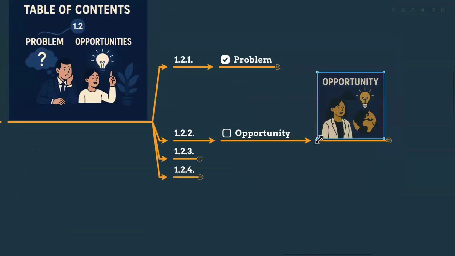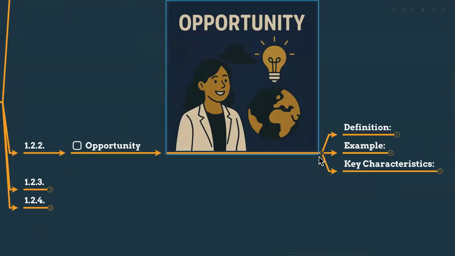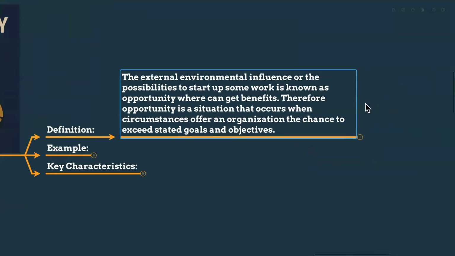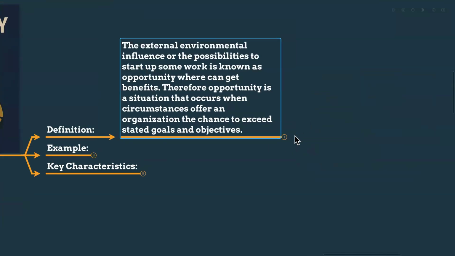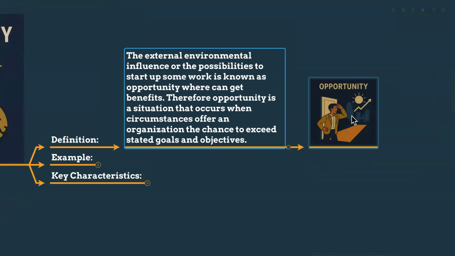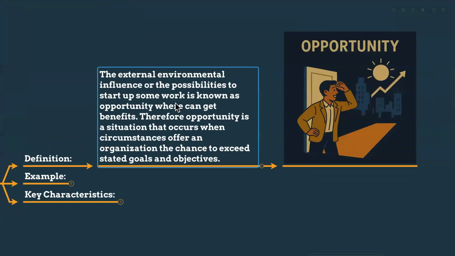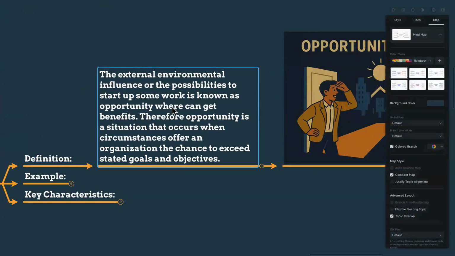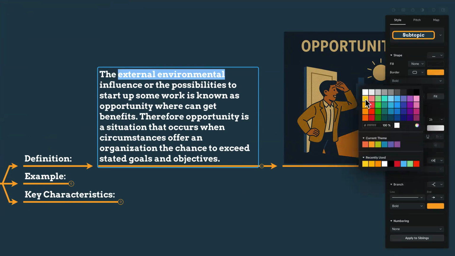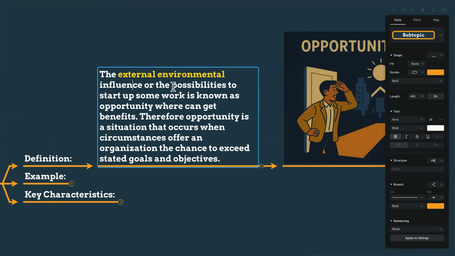And let's see the opportunity, right? So the definition of opportunity, my dears: the external environmental influence or the possibilities to start up some work is known as opportunity. Normally the opportunity will come from external environmental analysis, from this SWOT analysis, right? You are seeing some possibilities.